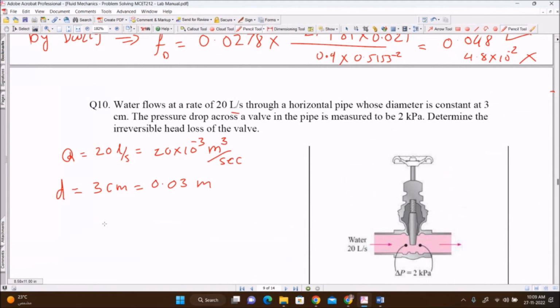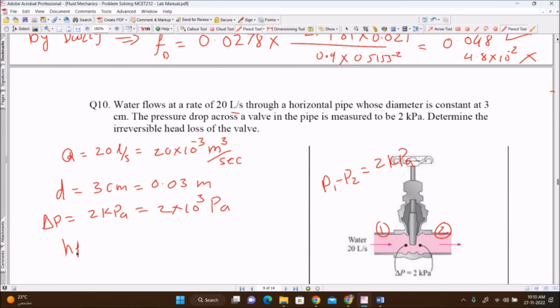The pressure drop across the wall is measured as 2 kPa. Here it is the inlet and here it is the outlet. So P1 minus P2 is given as 2 kPa. So delta P is equal to 2 kPa, which is 2 into 10 to the power 3 Pascal, Newton per meter square. Determine the irreversible head loss HF.